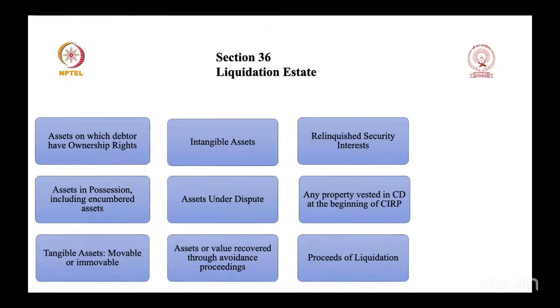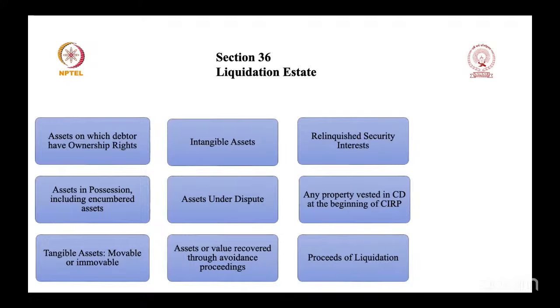Therefore, there is no tangibility to these assets. Those will also be part of the liquidation estate. Then, relinquished security interest. If you have any securities anywhere, and if you have relinquished the interest, that will also form part of the liquidation estate.